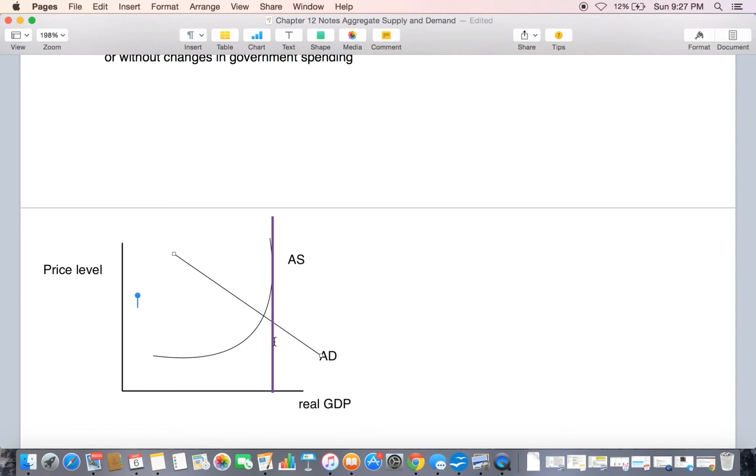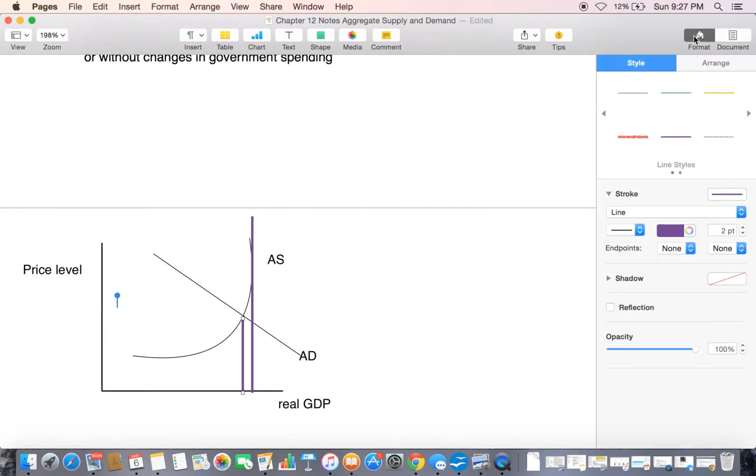Previously, I'll do a little bit of curve movement for you. Previously, we would have been producing a quantity at a price level as demonstrated by this kind of red squiggly line.